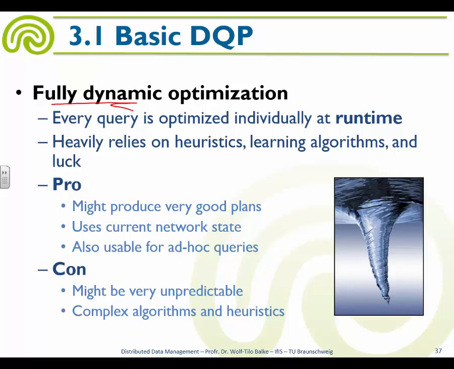On the con side, it's kind of unpredictable how long that will take, because this is runtime, this is response time, right? Maybe the plan is better, but is it worth it? Is the amount of response time that you save by having better statistics, by having better optimization of the statement, really worth spending the time to optimize it?